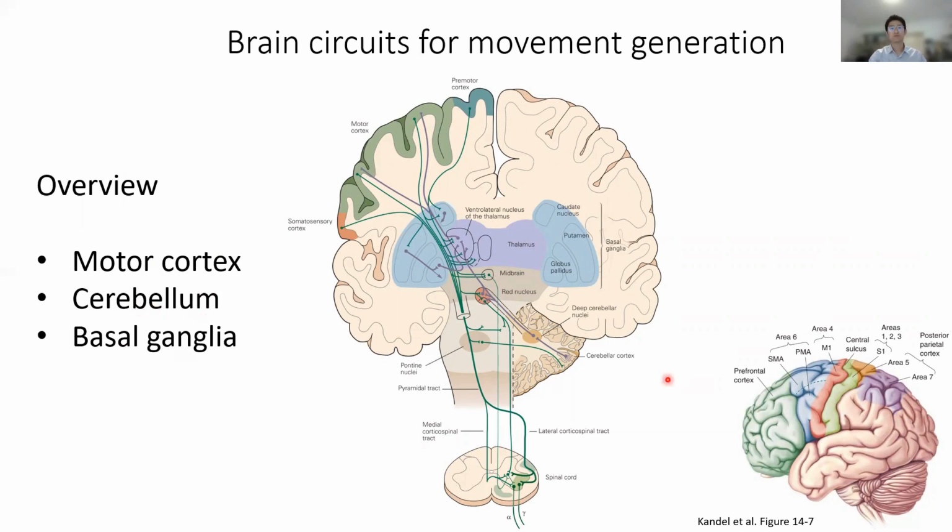But before that, I would like to give you a brief overview of the brain structure. Here is just a 2D representation of the brain. Here I actually bring a real physical model of the brain, as you can see. The brain has two hemispheres, left and right.